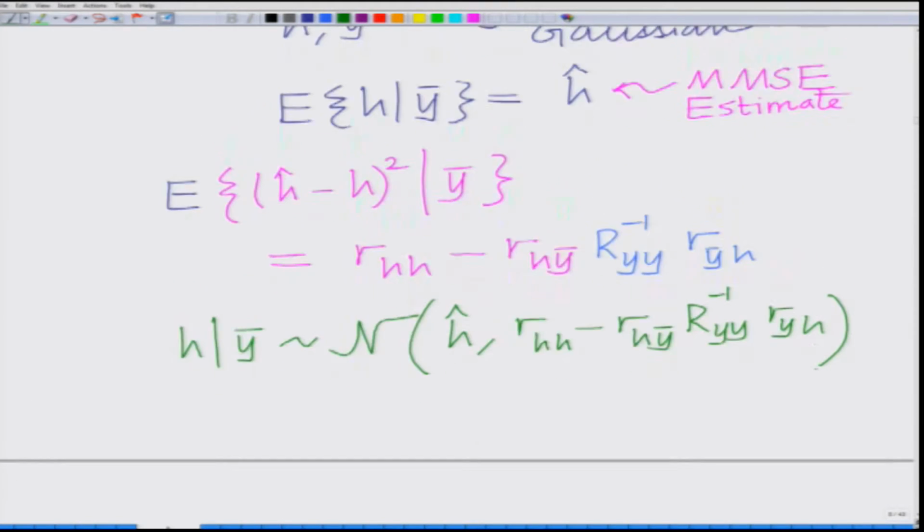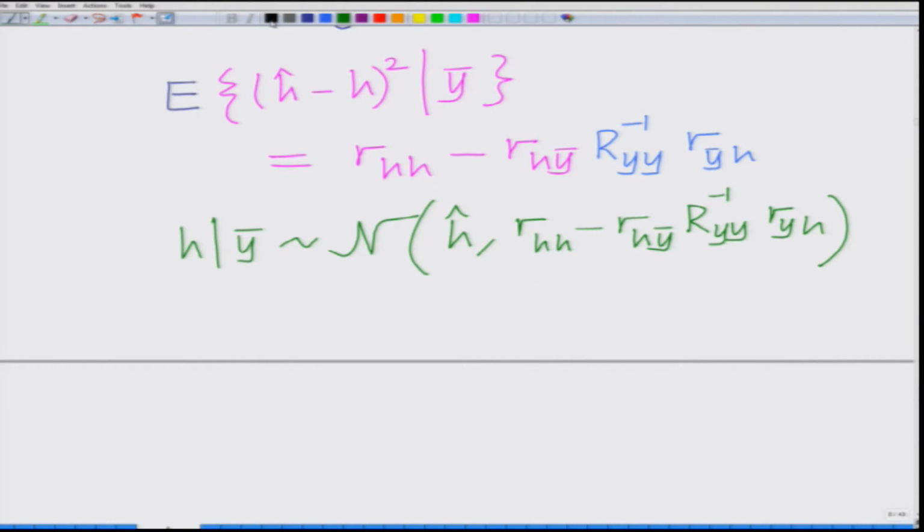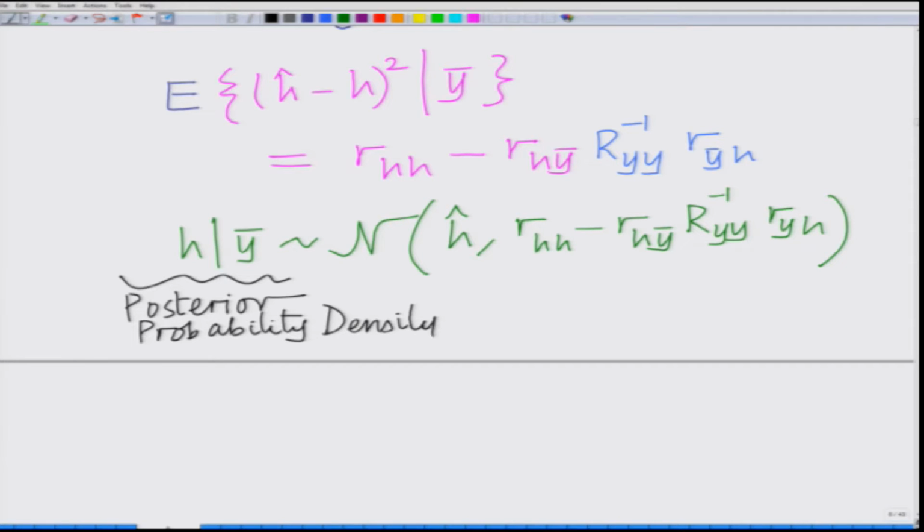This is also known as the posterior probability density function. The mean of the posterior probability density is h hat, and this is the variance.